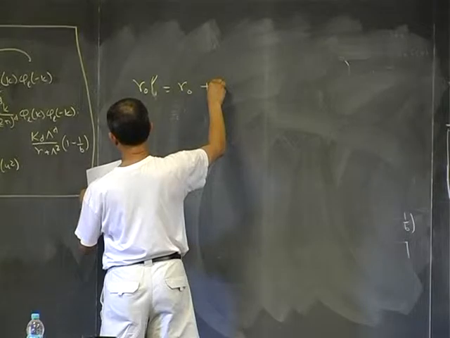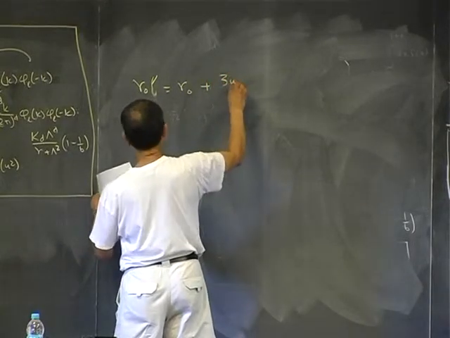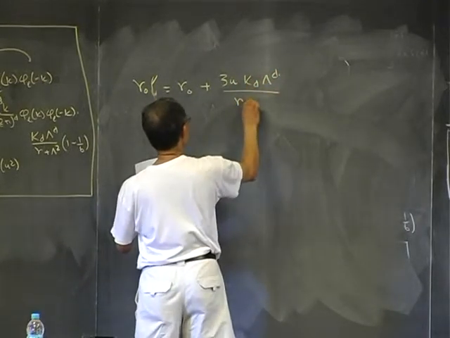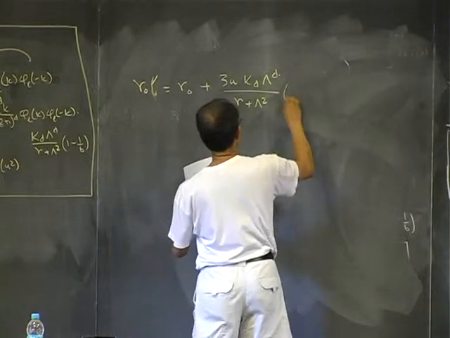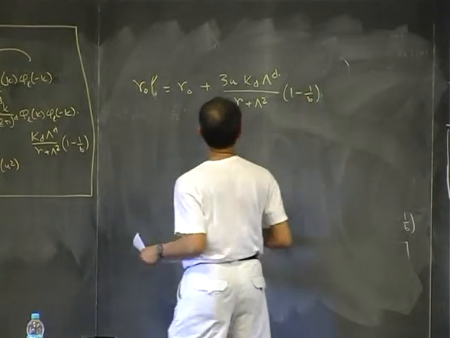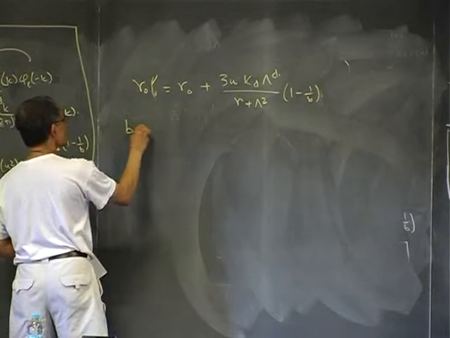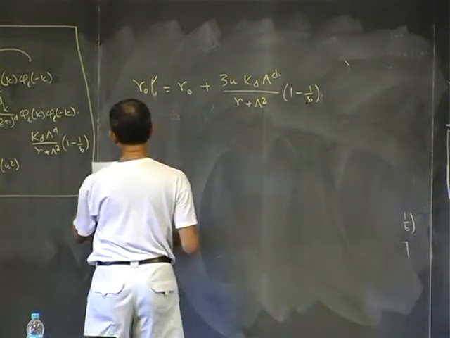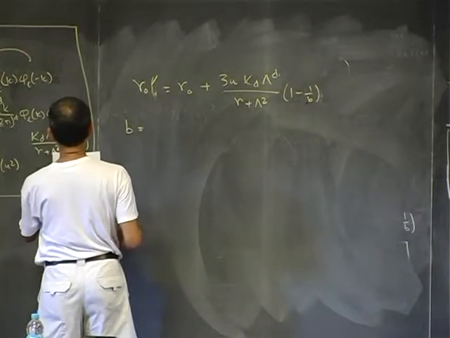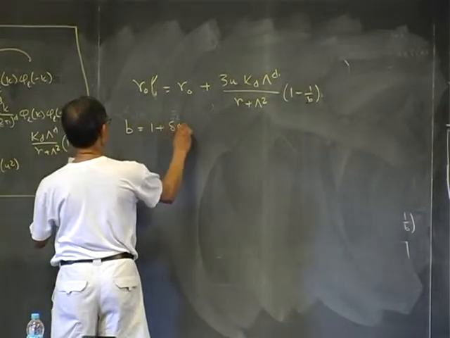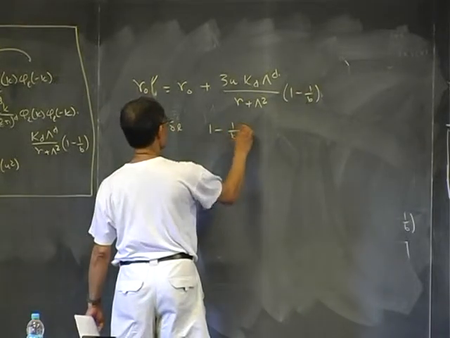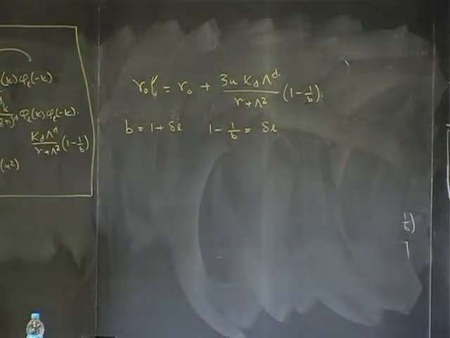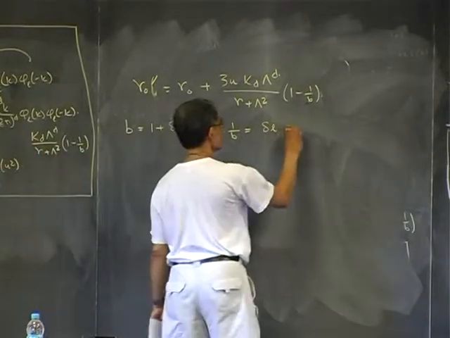3u Kd lambda to the d, r plus lambda squared, and then 1 minus 1 upon b. This whole procedure is justified when b is close to 1, right? So let me write b as 1 plus delta L. Then 1 minus 1 upon b is basically delta L plus delta L whole squared plus higher orders.